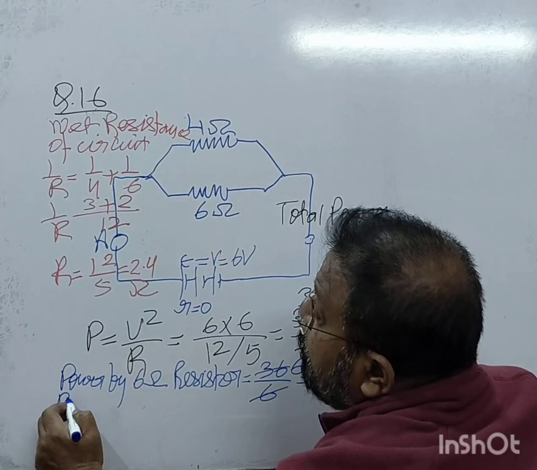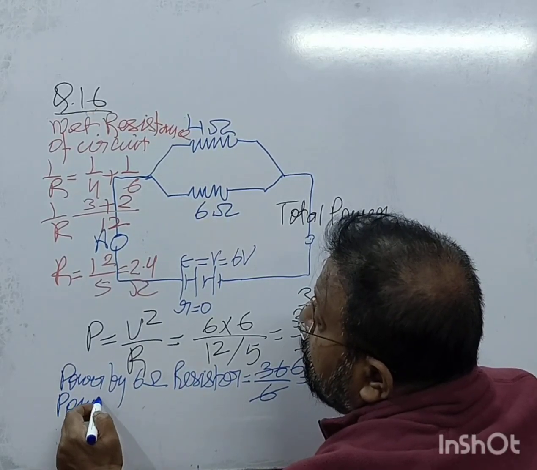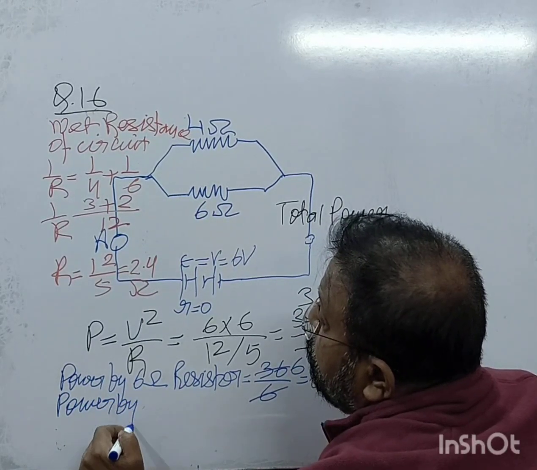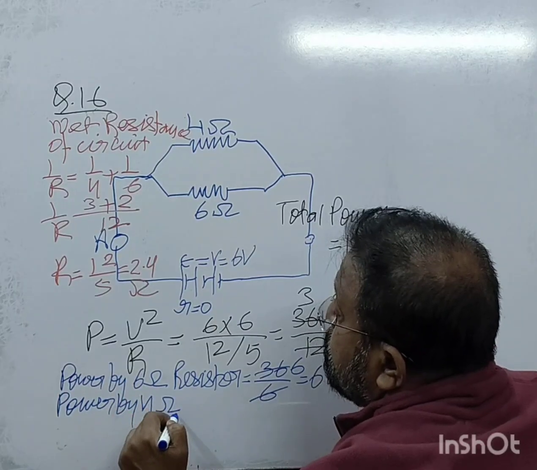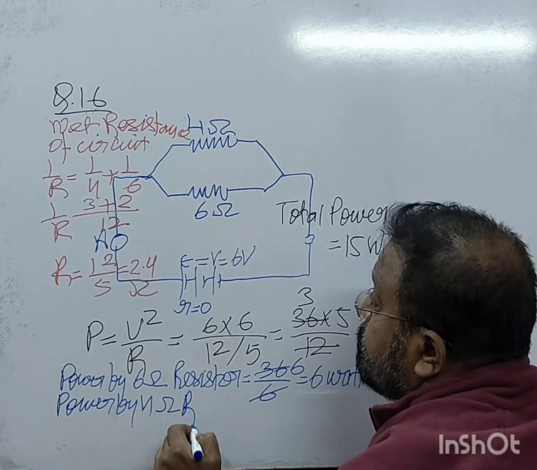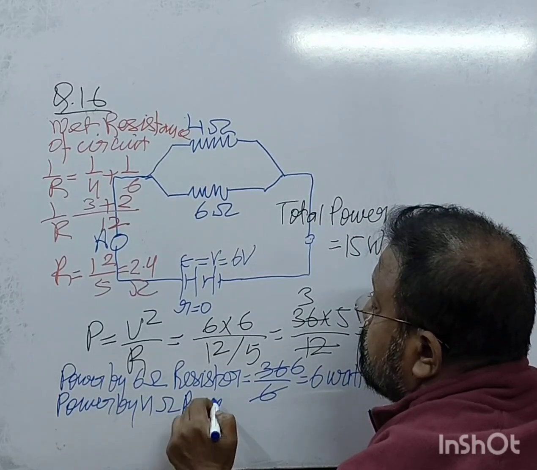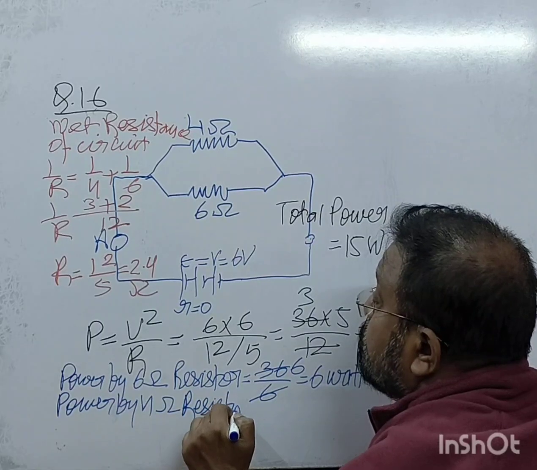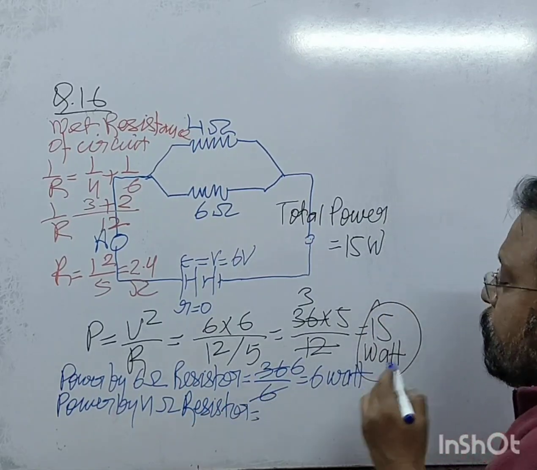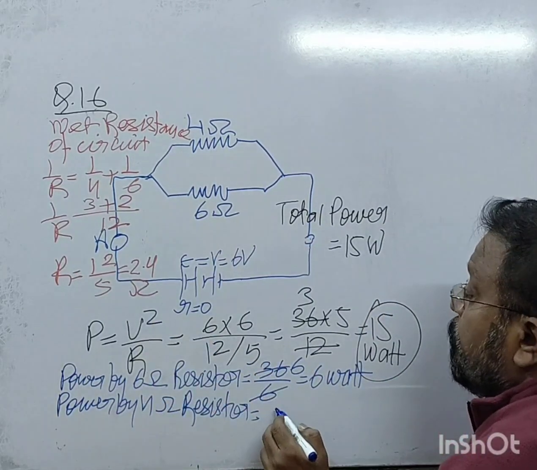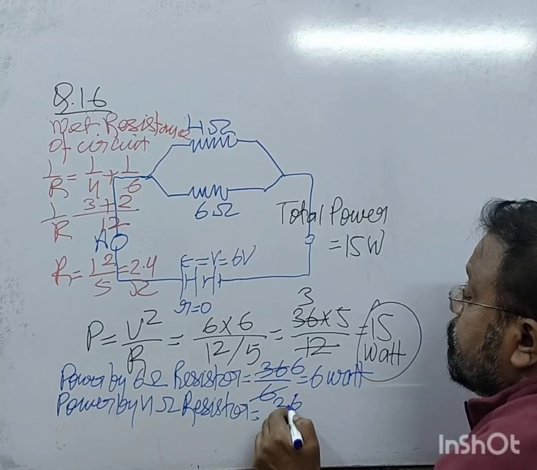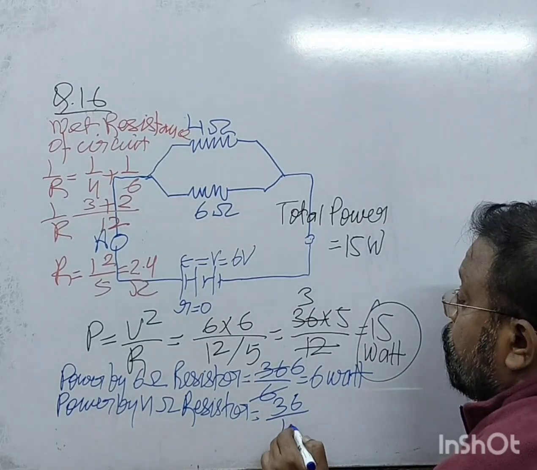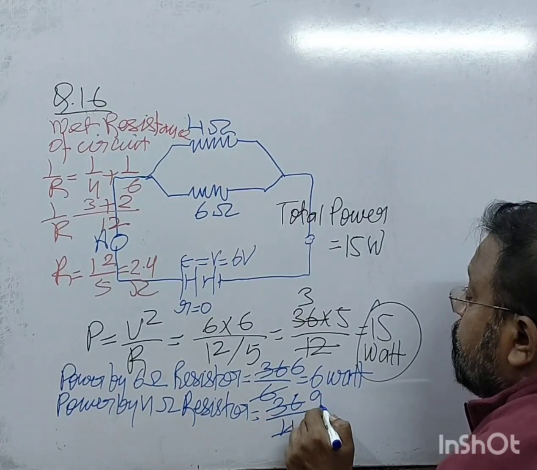And power by 4 ohm resistor is equal to 6 square, same formula, 36 upon 4. It becomes 9 times.